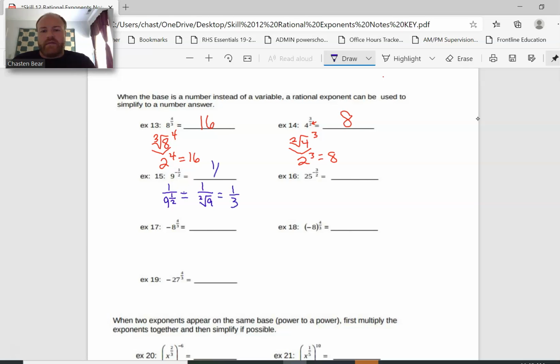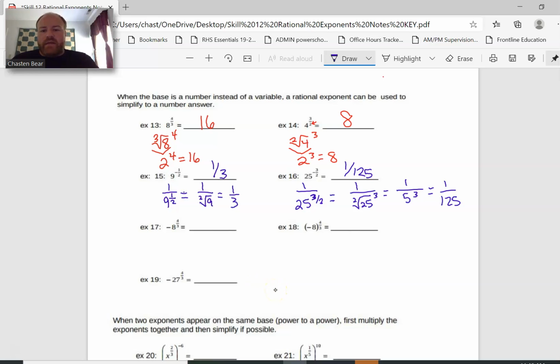So my final answer for this is just 1/3. 25 to the negative 3/2, well, that's the same as 1 over 25 to the 3/2. So root is 2, so it's a square root of 25 to the third. Square root of 25 is 5, and then 5 to the third is 125.